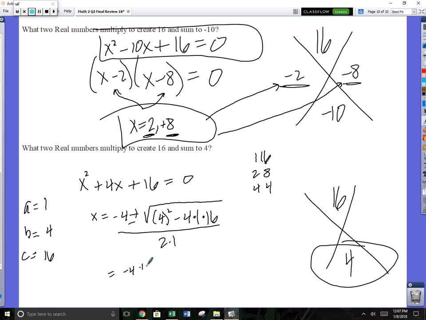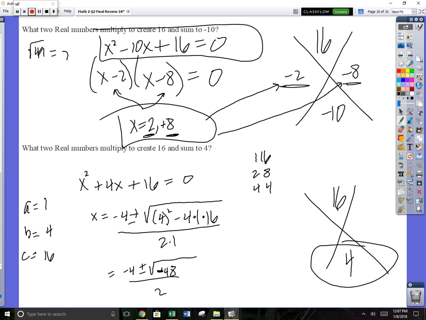Negative 4 plus or minus the square root of negative 48, all over 2. Okay, negative 48 is really close to negative 49. 49 is 7, so it's not a perfect square. It's going to be 6.9 something probably.